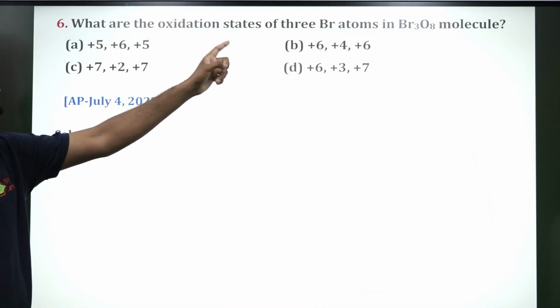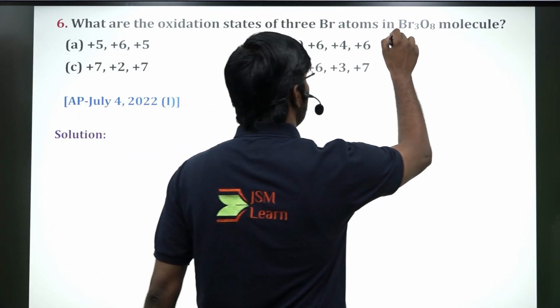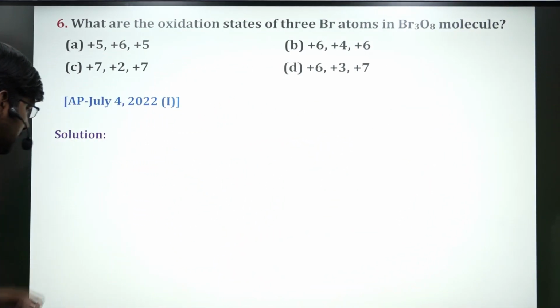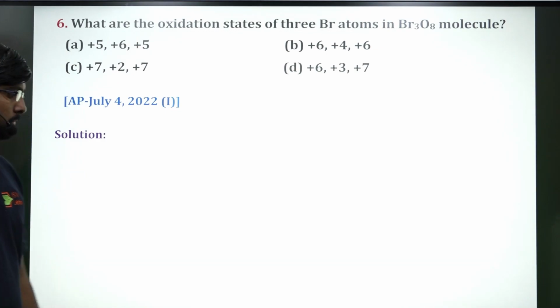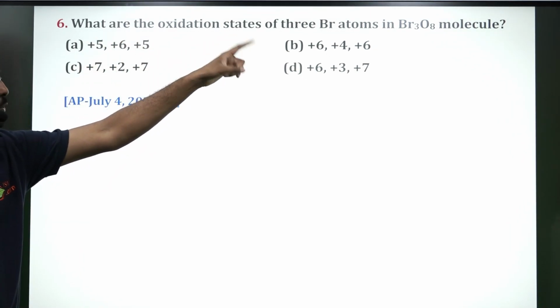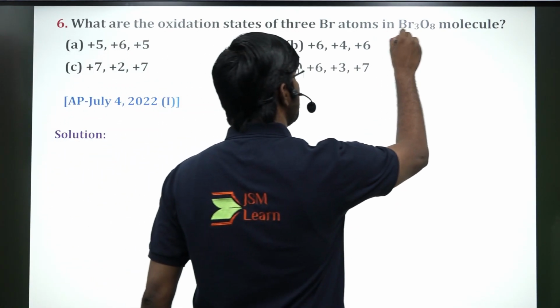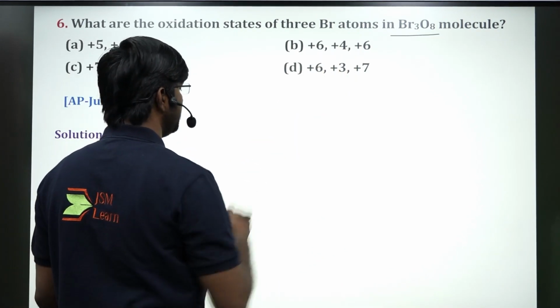What are the oxidation states of 3 bromine atoms in Br₃O8 molecule? First let us write the structure, then we get the oxidation states.